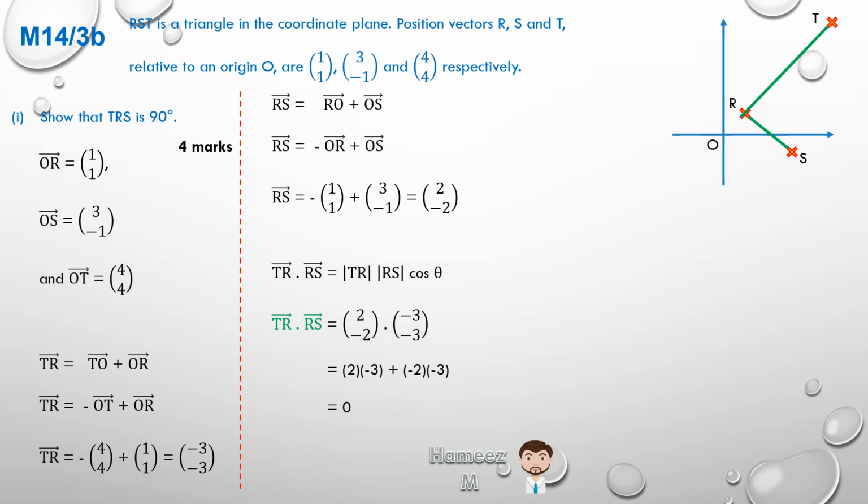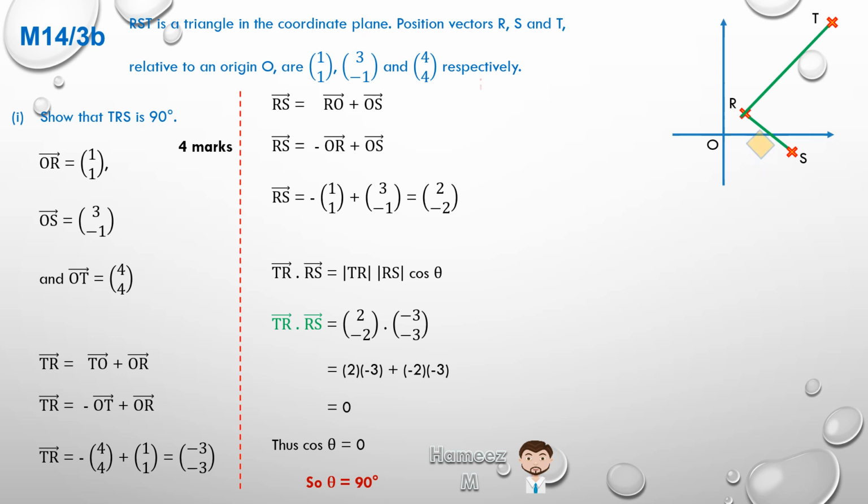And in order for this to work out to be 0, the length of TR is not 0, the length of RS is not 0, so the only way the right-hand side could be equal to 0 is if cos theta is equal to 0. And if cos theta is equal to 0, that means theta is equal to 90 degrees. As such, we have proven that TR and RS are 90 degrees to each other.